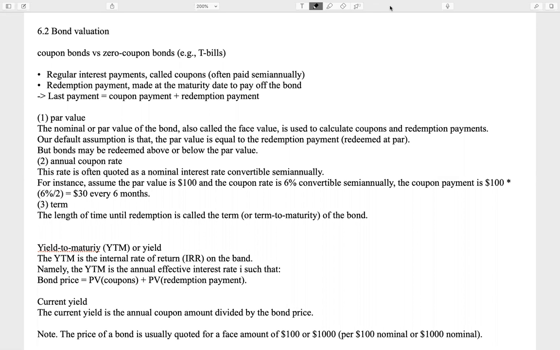Okay, now let's move on to study the most important section of this chapter, bond valuation. As the title says, the main objective of this section is to study pricing bonds.